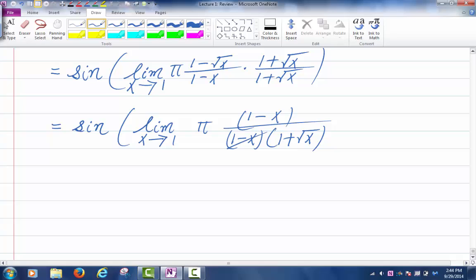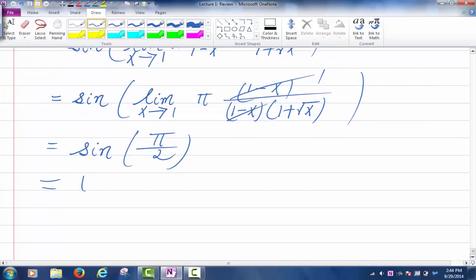And then you can see that they cancel out. Now if you plug in x equals 1, what do you get? Pi over 2, and what is sine pi over 2? 1. And we are done. Is everybody okay with that?